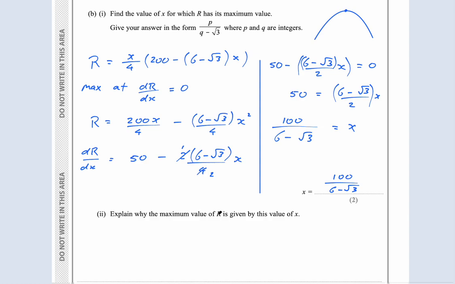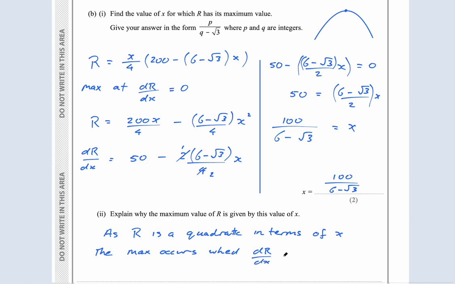Explain why the maximum value of r is given by this value of x. Okay, so it just wants you to note that as r is a quadratic in terms of x, the max occurs when dr dx equals 0, which is the stationary point, which is the turning point.